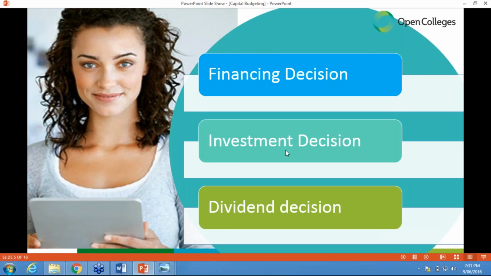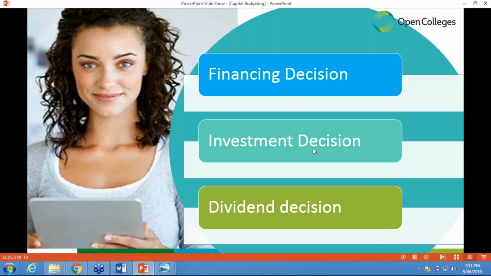As I said before, the most important function is not only procurement of finance, but to allocate these funds. To allocate the funds, you need to invest your finance in various assets, and this is known as investment decision, where you have to choose whether you want to invest in short-term assets or long-term assets.